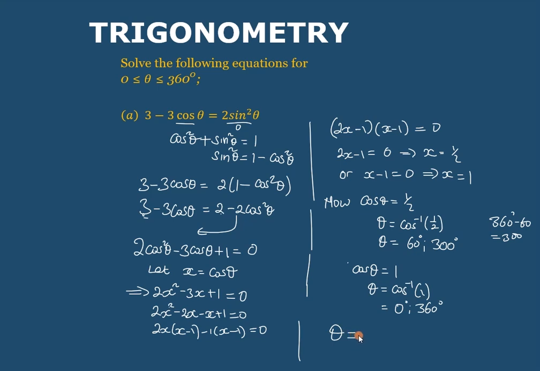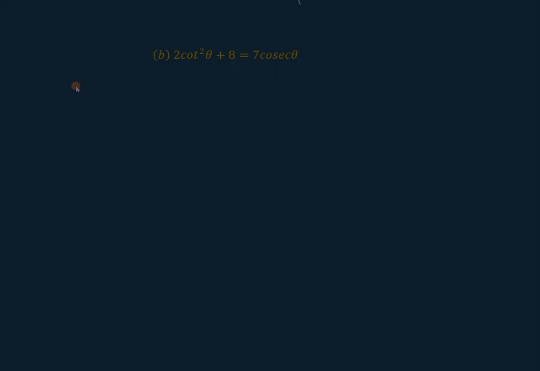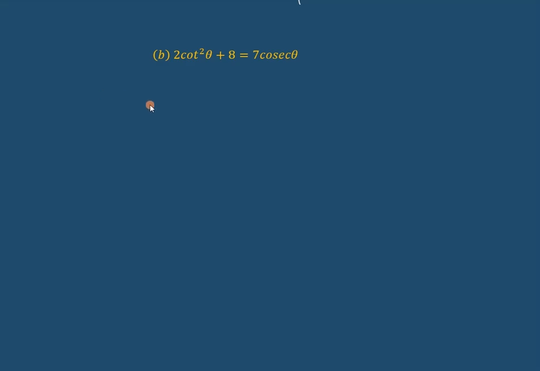So if you write the answers, the values of theta between 0 and 360 degrees inclusive that satisfy the given equation are, I'm going to write them in order, 0, 60 degrees, 300 degrees, and then 360 degrees.